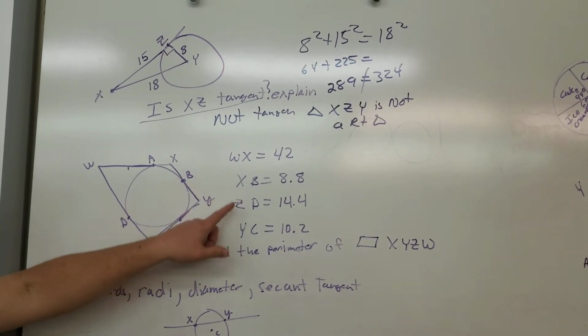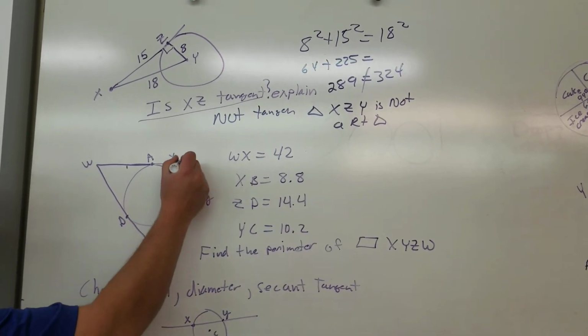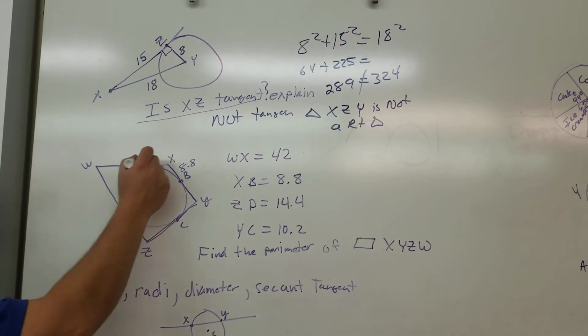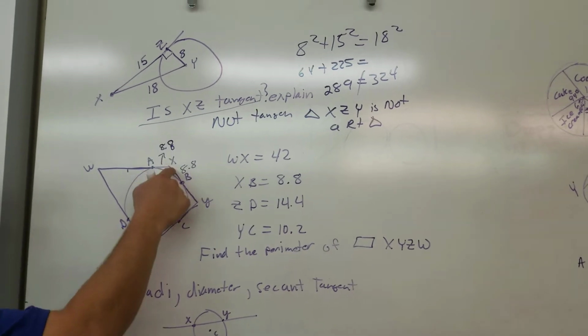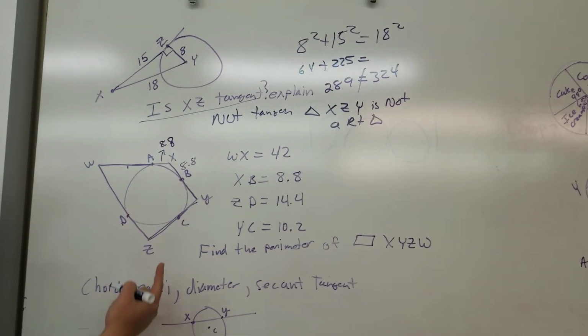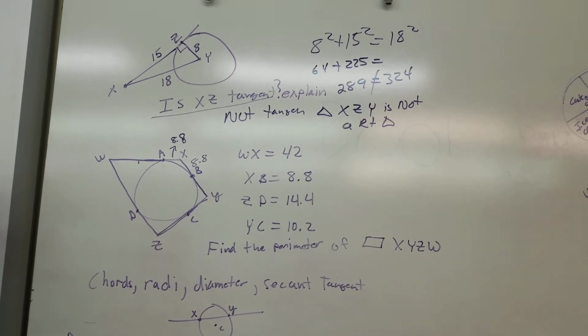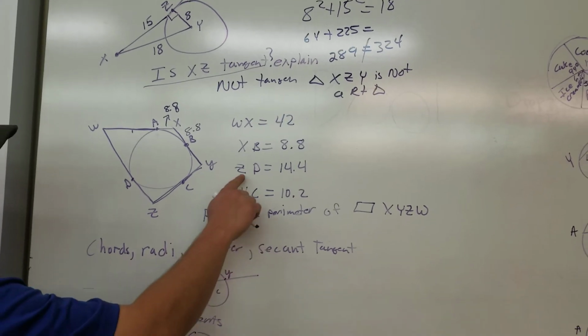So I look over here, I say, hey, XB is 8.8. So I know this one is 8.8. I also know AX is what? 8.8. They have to be the same. So if they go from the same point exterior, tangent to the same circle, they have to be congruent, okay? Same thing over here as I go to the next one, ZD.